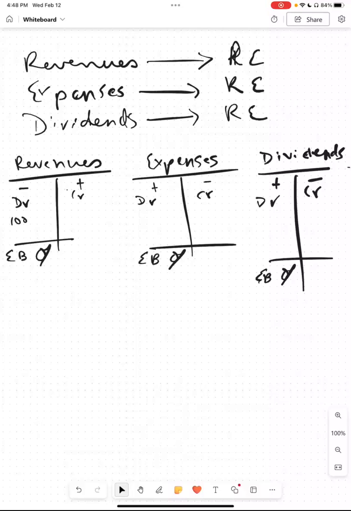Well, you take all of your increases less all of your decreases and make it equal zero, okay? Make sense? So essentially what we're going to do here is, let's take a look at revenues first, all right?